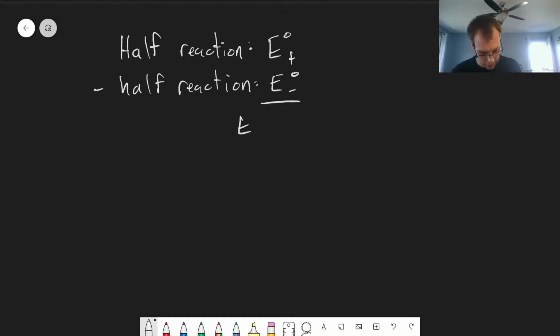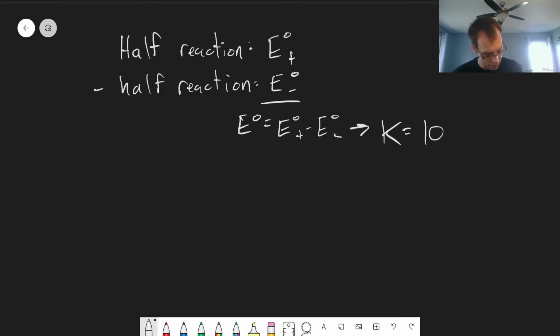Overall, we'll have E naught total is E naught plus minus E naught minus, and that is directly related to the equilibrium constant for the total reaction, which we just derived in the last video.